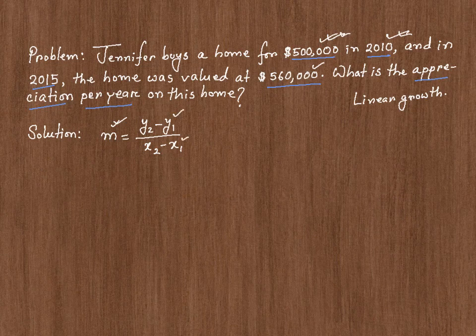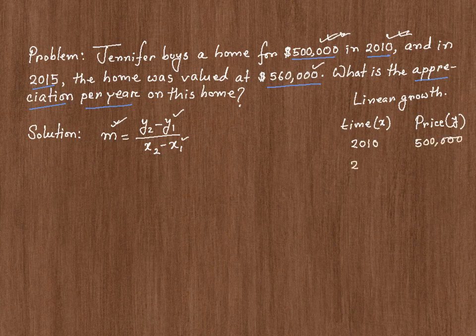So in 2010, so this is my time, which I represent by x, and this is my price of the home, which I represent by y. So in 2010, the price of the home was $500,000.